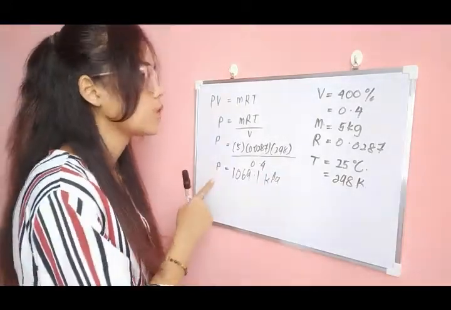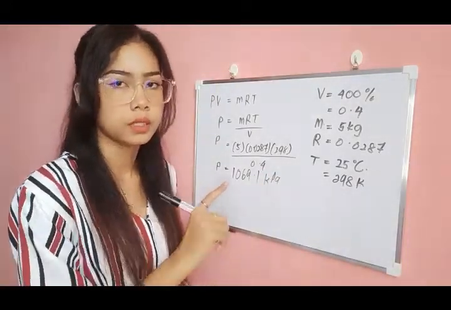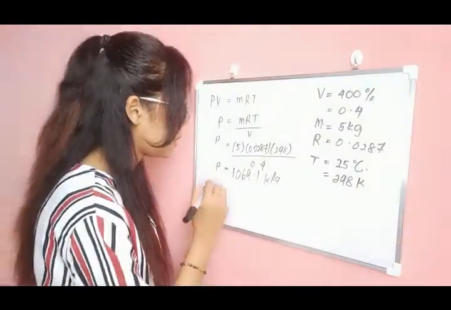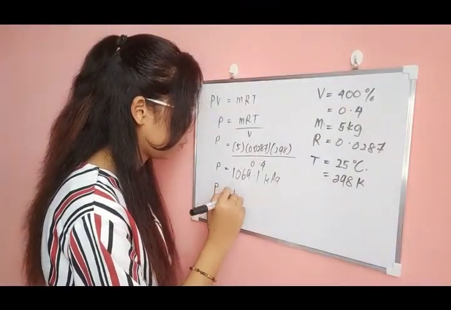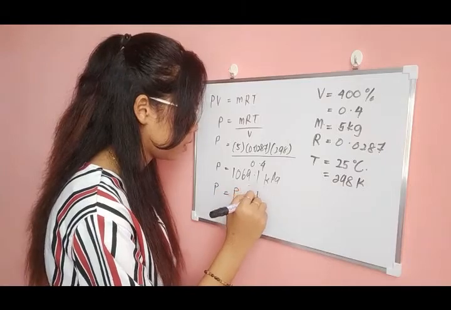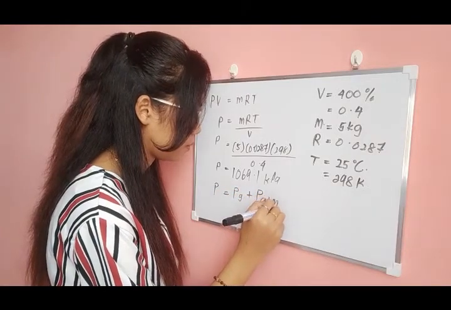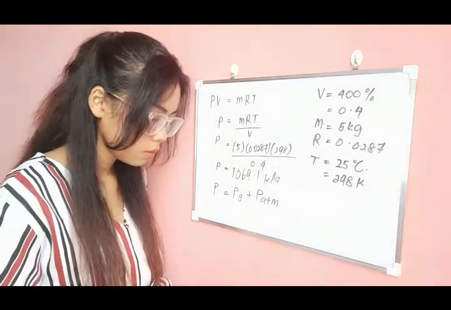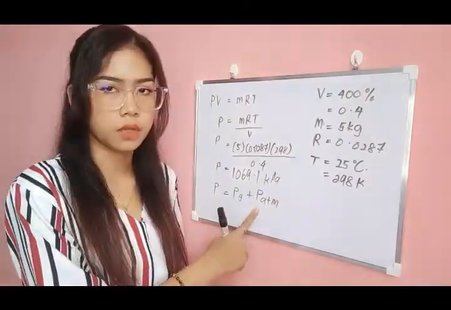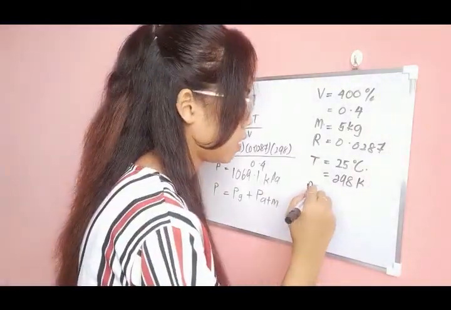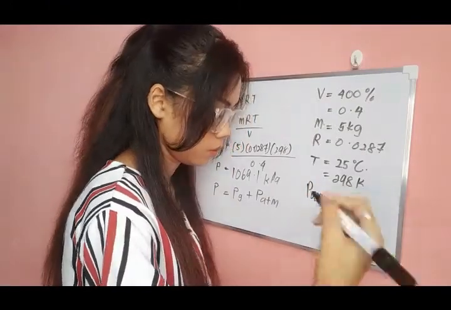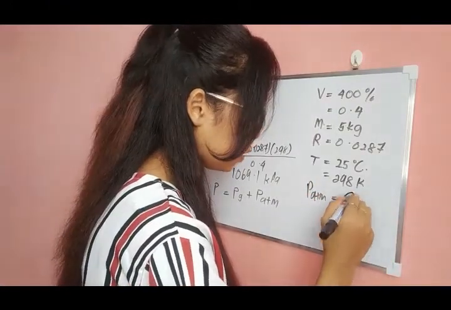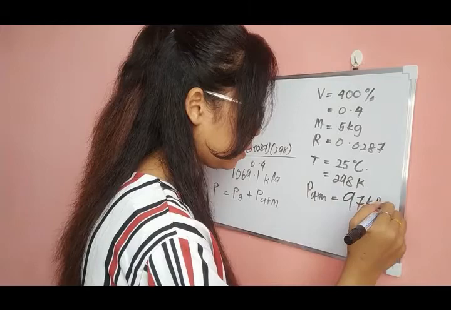Okay, so this is not the pressure that we want. So we know that P equals Pg plus PATM. PATM is given in the question, which is 97 kilopascal.